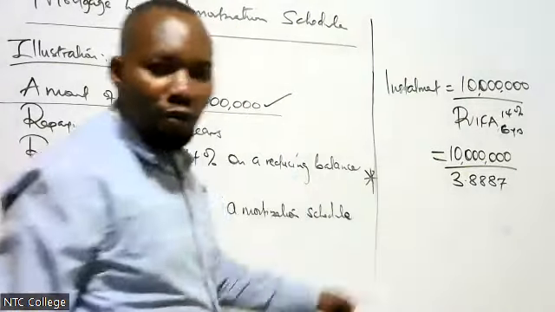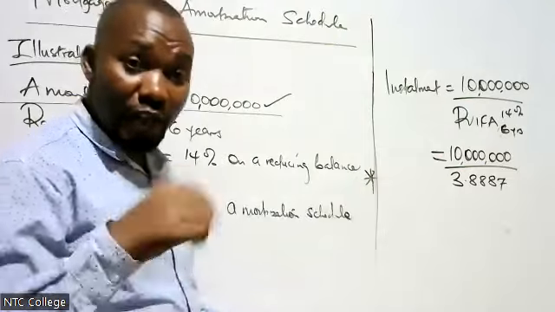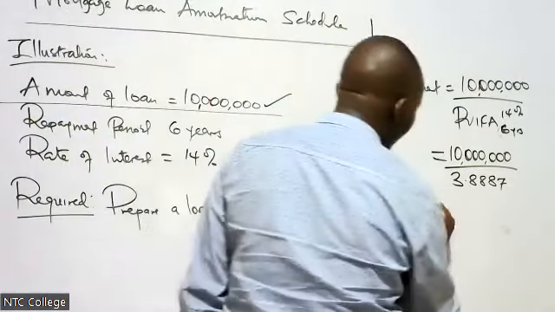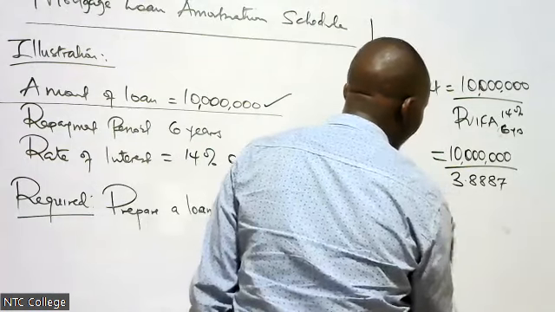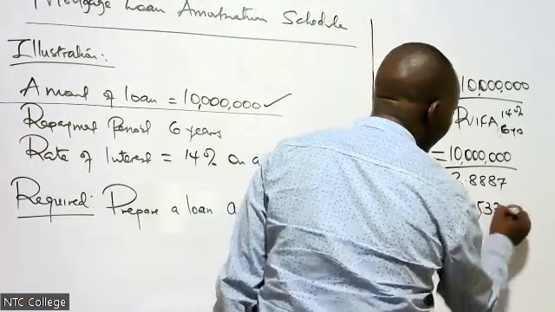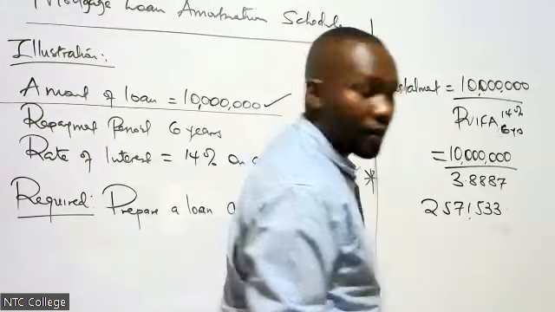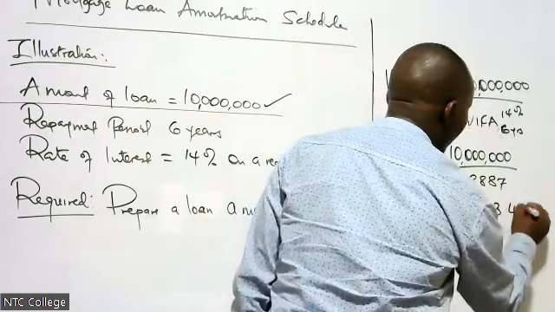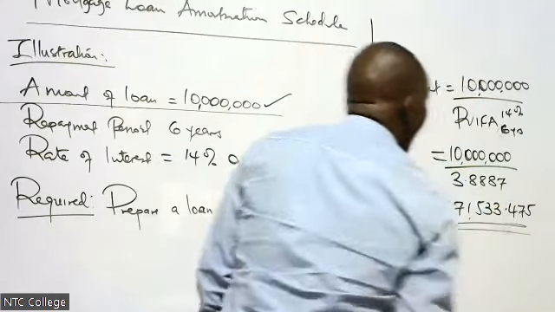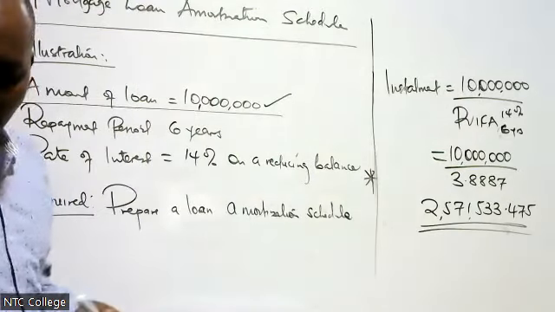We don't want to allow error here, because if you allow it, itasumbua tukiendelea. So thank you so much, Mercy. You are saying that it should be 71,533.47. Fine. That is the first step that you will pay monthly.